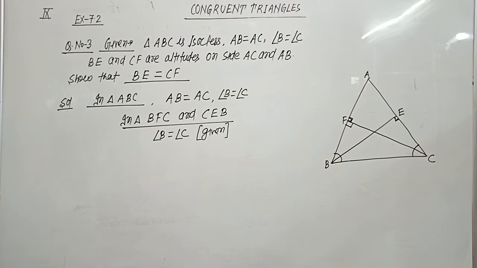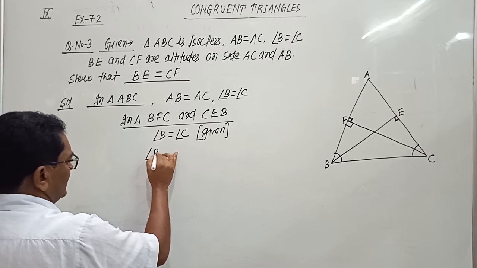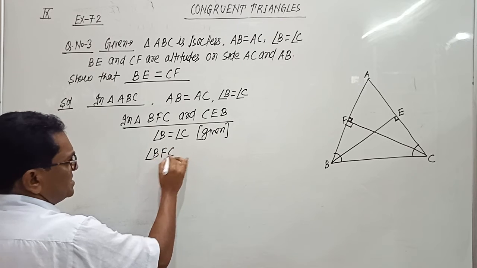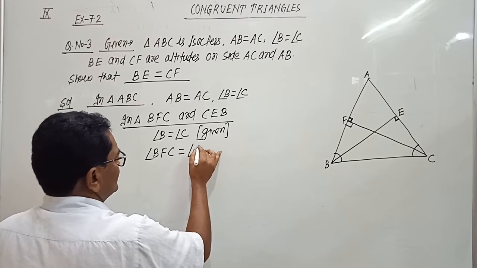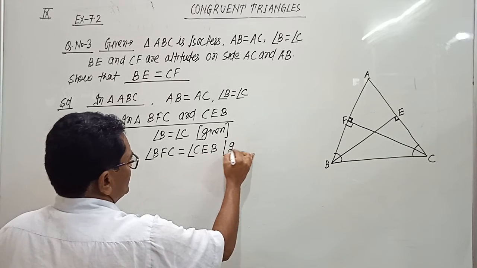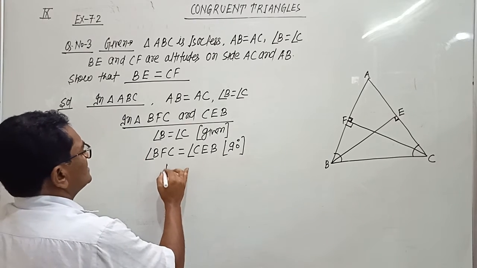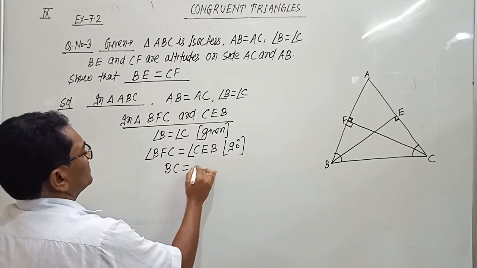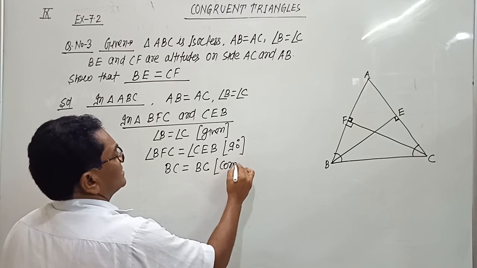So angle BFC equals angle CEB equals 90 degrees, and side BC equals BC, common side for both the triangles.